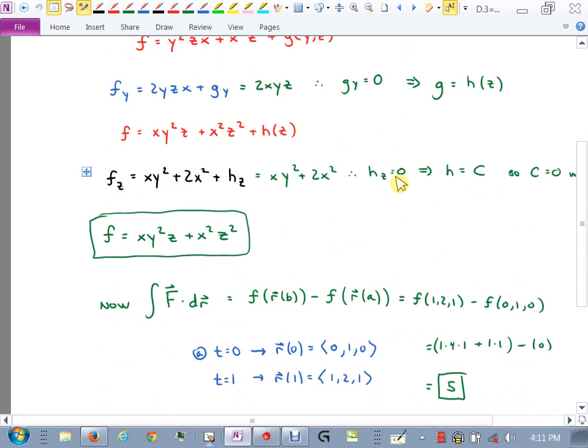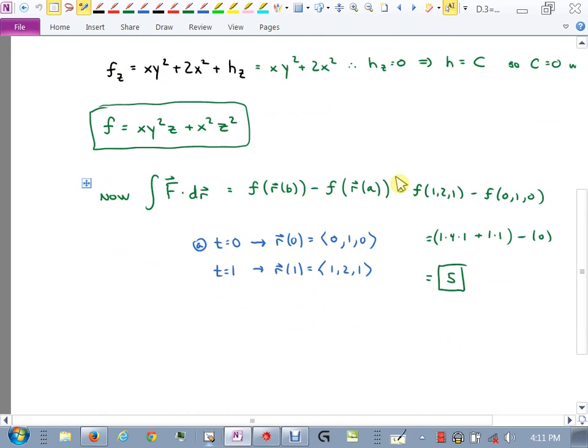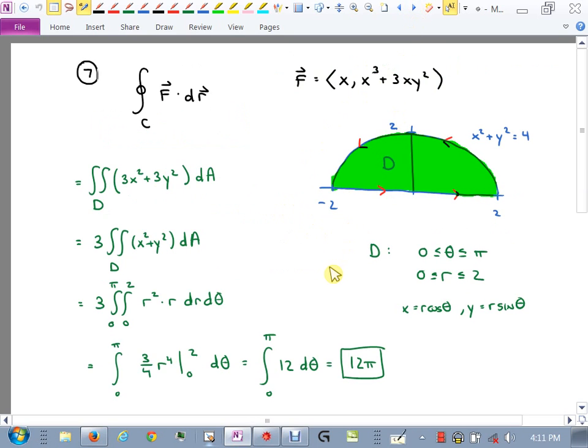Find a potential function, then compute your work using the fundamental theorem of line integrals. Green's theorem.